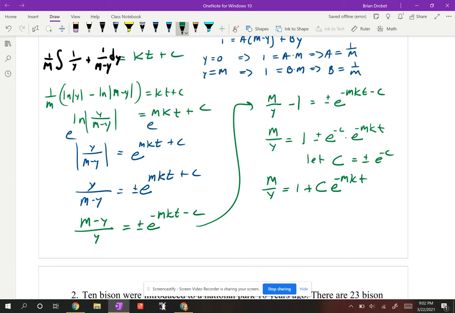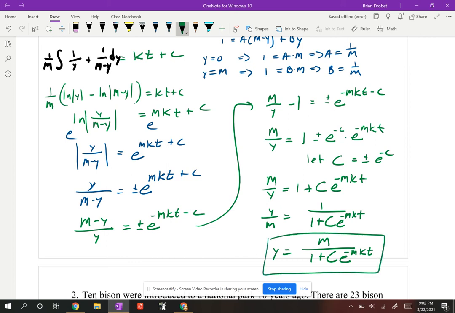Now, reciprocal on both sides: y over m is equal to 1 over 1 plus capital C e to the negative mkt, and then multiply both sides by m. Y is equal to capital M over 1 plus C e to the negative mkt. And that is my general solution right there.